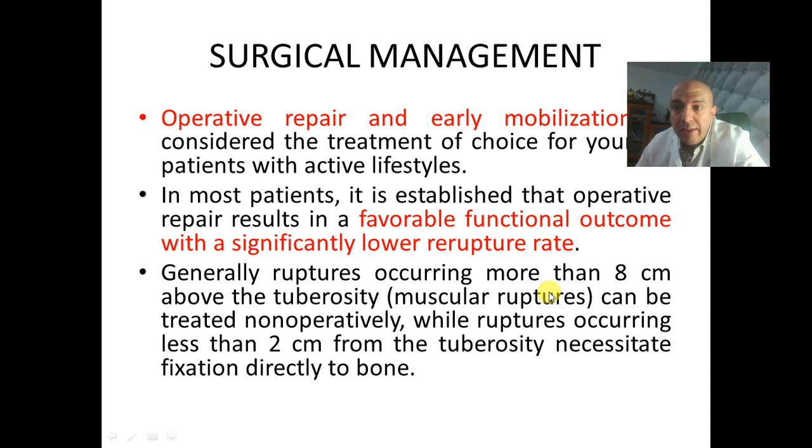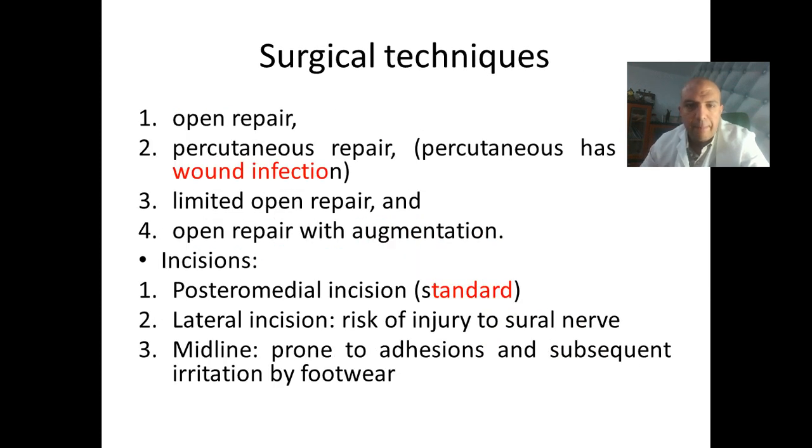You usually do a repair for this area, but at the insertion you should use an anchor to reattach the tendon, and if it is musculotendinous, you can go for conservative management. Again, how can I do the repair? The repair is either traditional open, percutaneous, limited open, or open with augmentation.